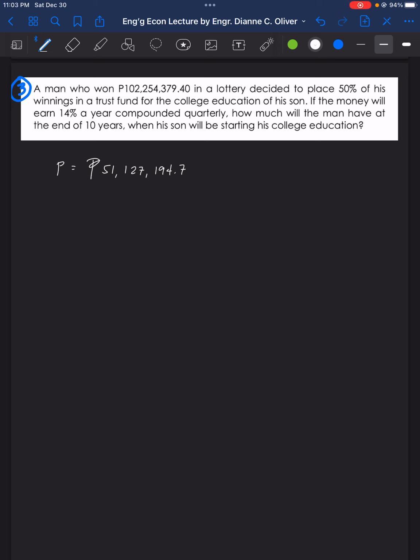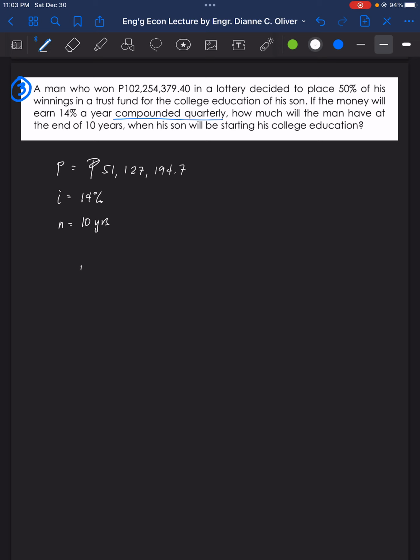So the principal amount is 51 million, and then the money will earn 14% a year compounded quarterly. How much will the man have at the end of 10 years when his son will be starting his college education?